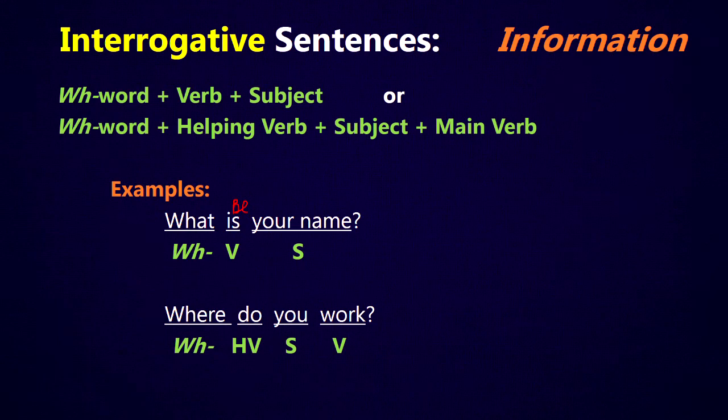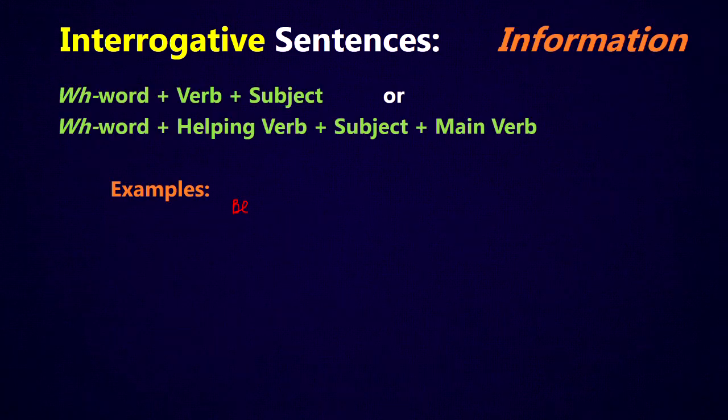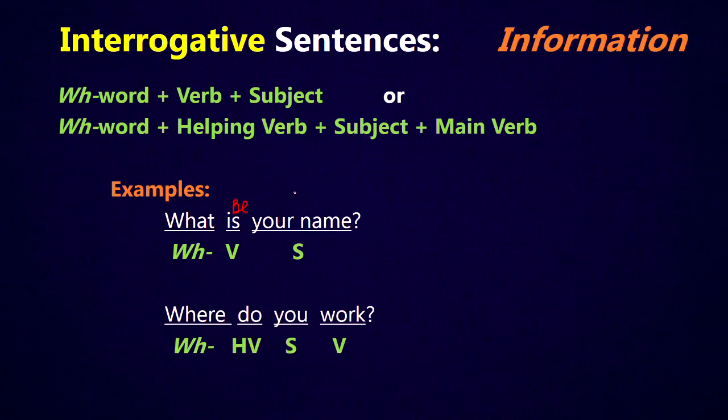It's not going to be yes or no. So this is one way you can easily tell if somebody's question is asking you for information or if they just need a yes or a no. If the question starts with a verb or a helping verb, then it's a yes/no answer. If it starts with a WH word, then it's asking for some kind of information.